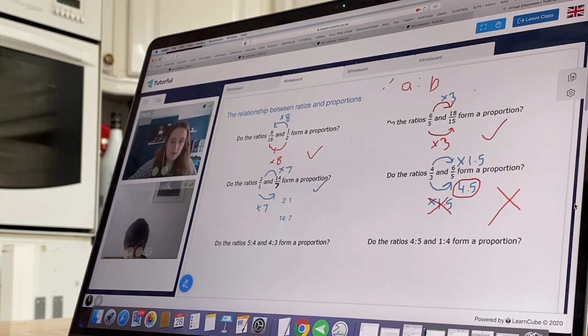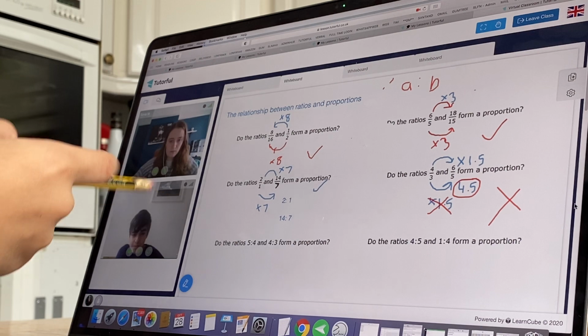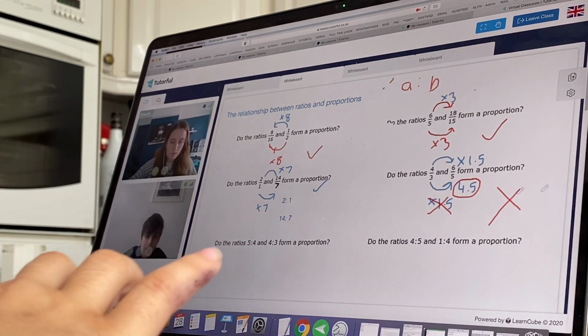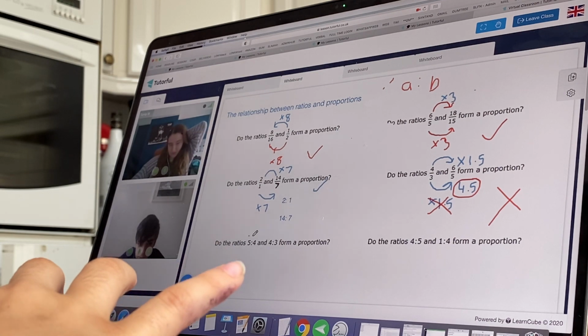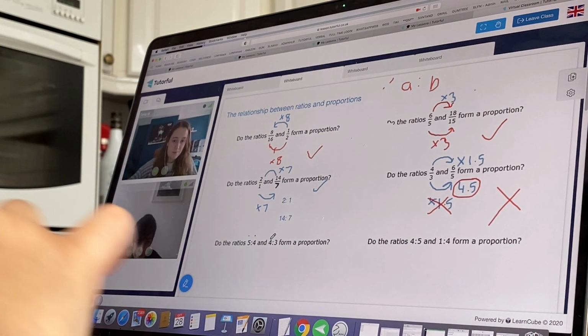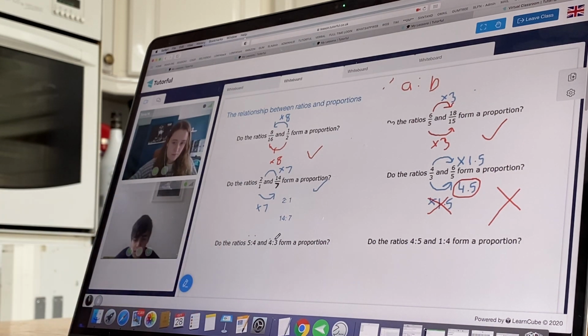Okay. Do the ratios 5 to 4 and 4 to 3 form a proportion? Let me see. No, because if you add 5 and 4 together, it makes the whole group, which is 9, but if you do the other two together, it will be 7.